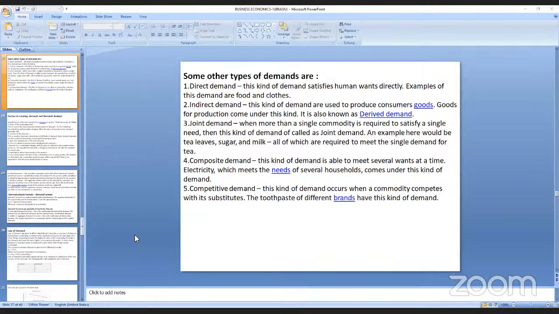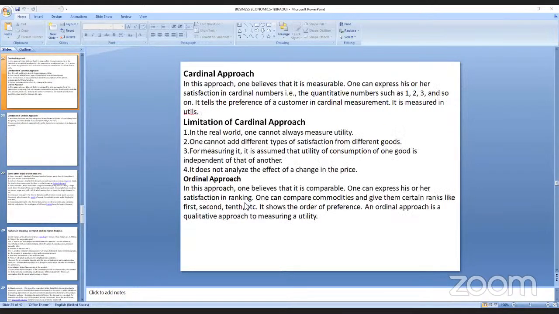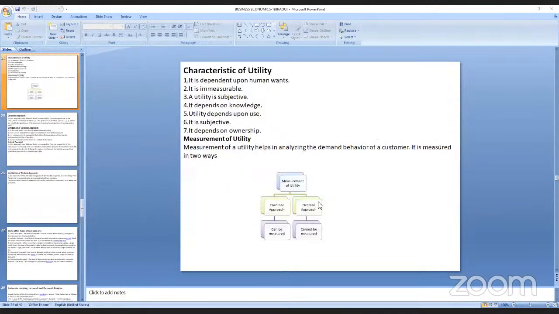Okay. In the last class, we have studied about the cardinal and the ordinal.